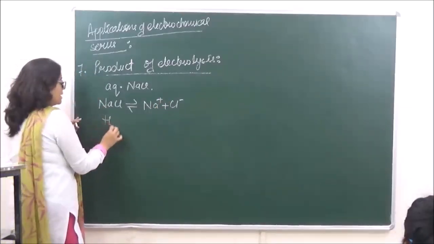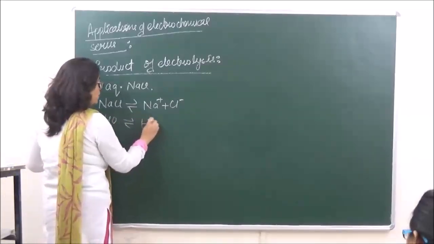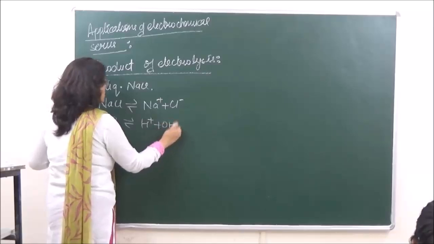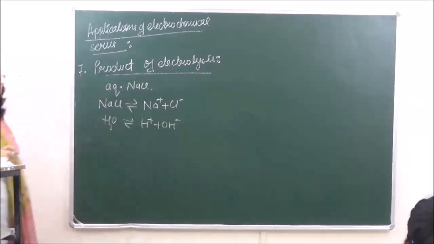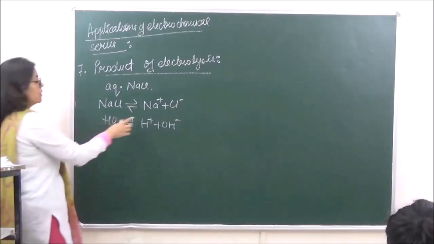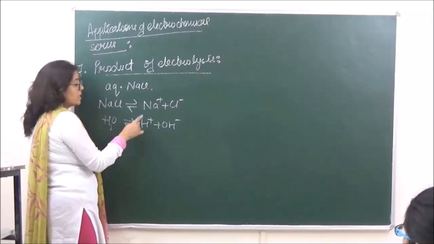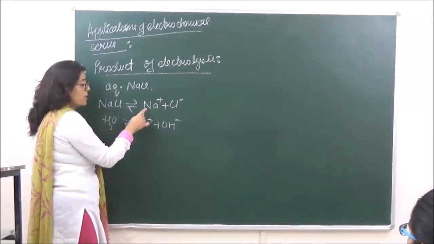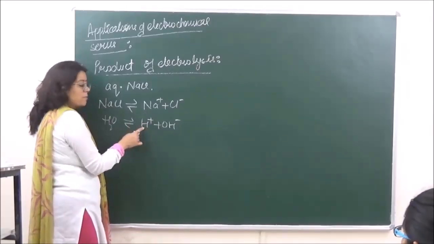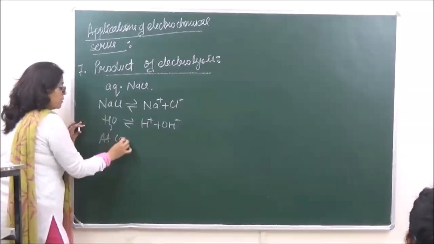In a similar manner, because it is aqueous, water is also going to decompose into H positive and OH negative. Now you can see that there are 2 cations yielded, so at the cathode there is going to be a race between both sodium and hydrogen. So at the cathode, what is going to be liberated?